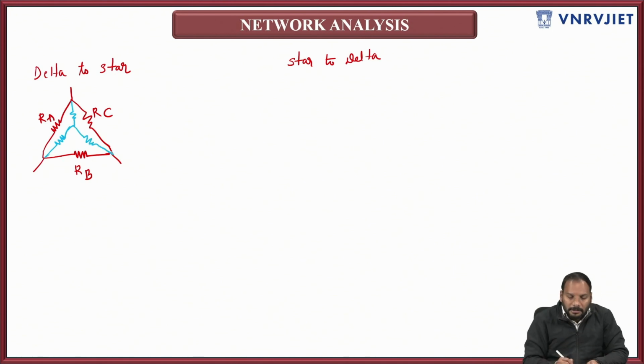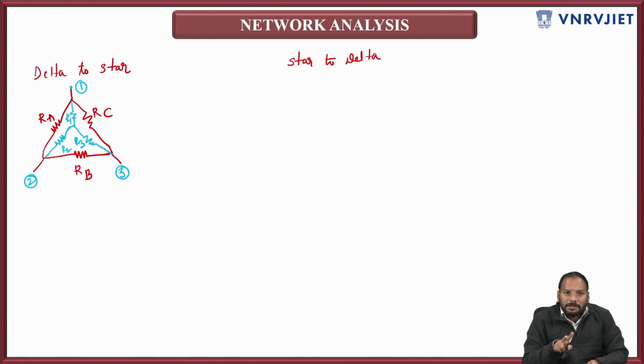Let us consider this node is 1, this node is 2, and this node is 3. You need to remove the three resistors RA, RB, RC and connect the resistors R1, R2, R3 like this. This makes the problem simple, and then you can go ahead with your normal approach.